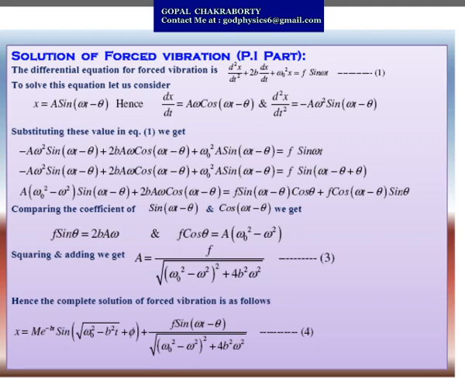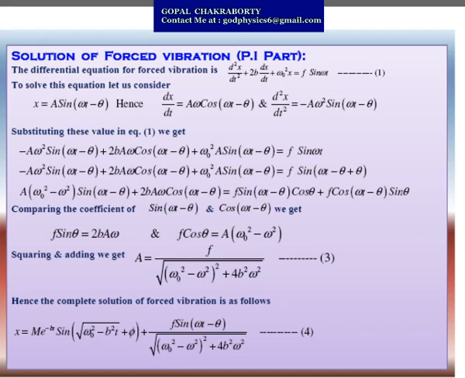Now how will we solve this? Your objective is to find the value of the unknown constant a. On the right hand side, you can rewrite sine of omega t as sine of omega t minus theta plus theta. This makes it the formula of sine of a plus b, which means sine a cos b plus cos a sine b.